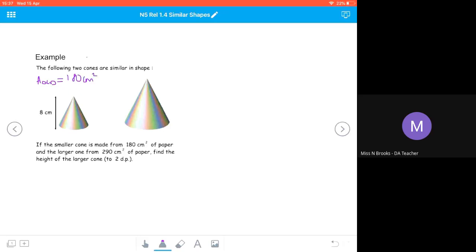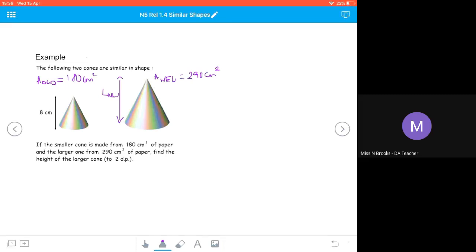The larger one is formed from 290 centimeters squared of paper. So A new is 290 centimeters squared. And it's asking us to find the height. So we're looking for L new on our shape.